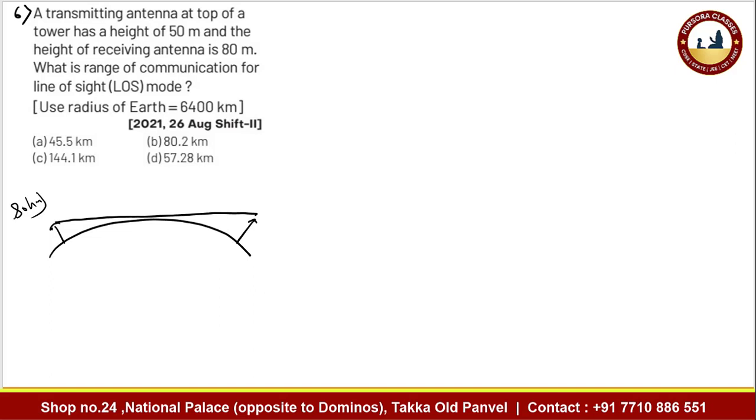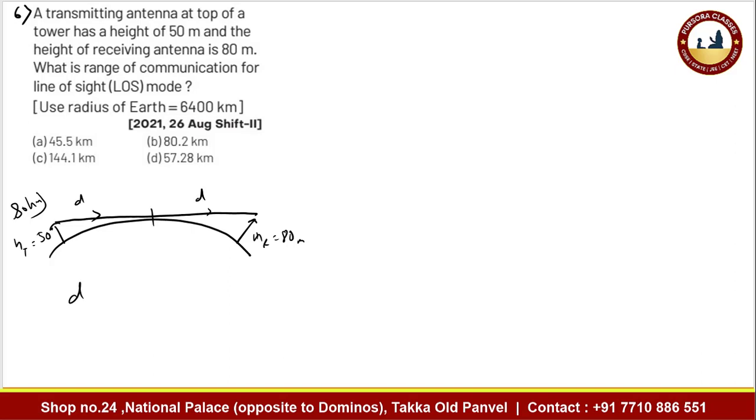This is transmitting and this is receiving. So the height of transmission is 50 meter, and the height of the receiving antenna is 80 meter. Till this distance it is D, here also it is D.